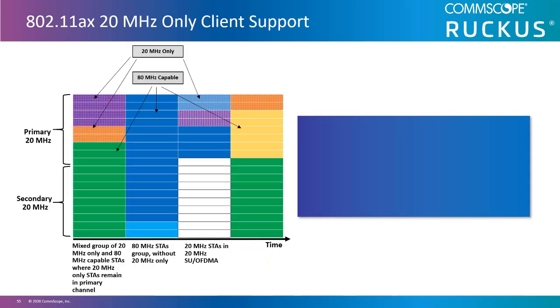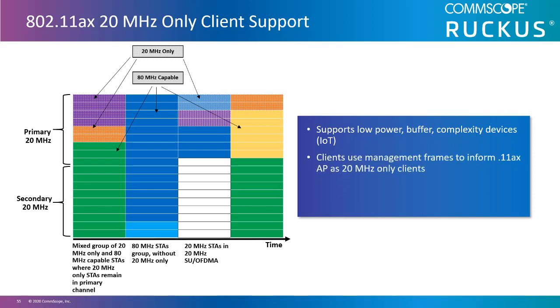Another feature of 11ax is that it supports 20 MHz only clients. 11ac required 80 MHz capable clients. 802.11ax supports 20 MHz only clients because the 11ax draft amendment was written with IoT devices in mind, as the devices are low cost, use little power, and have very small batteries.